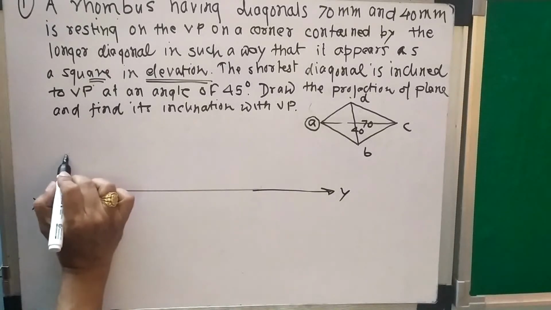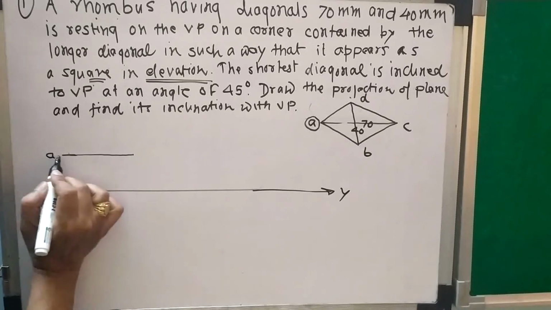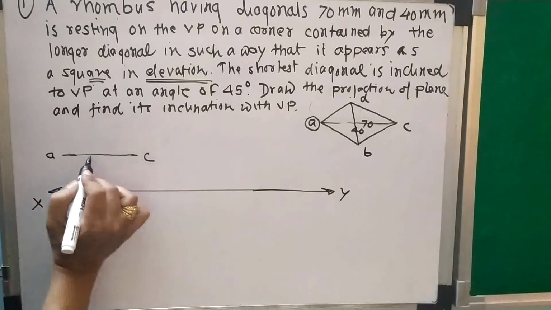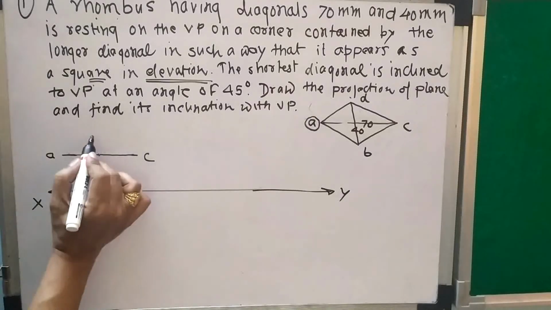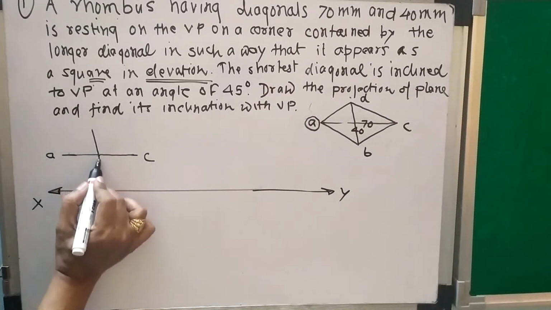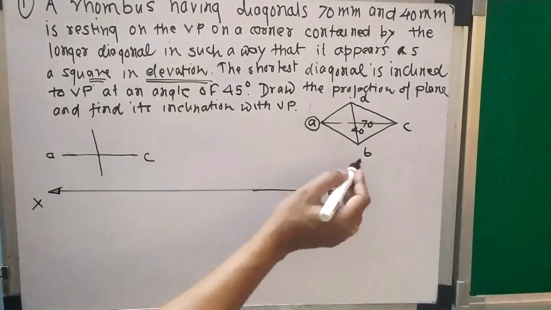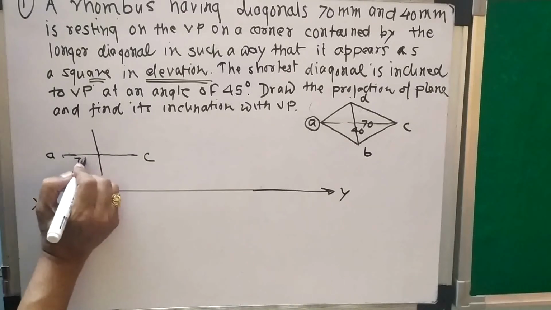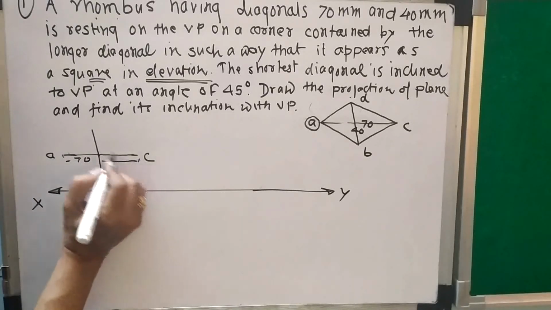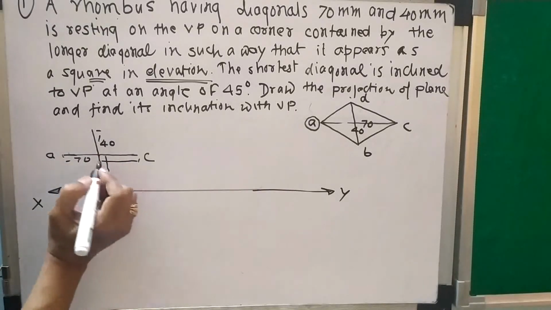So I will take this AC diagonal, and then I will take the midpoint of this AC diagonal, and then I will take the BD diagonal. So this distance is 70 and this distance is 40, right?